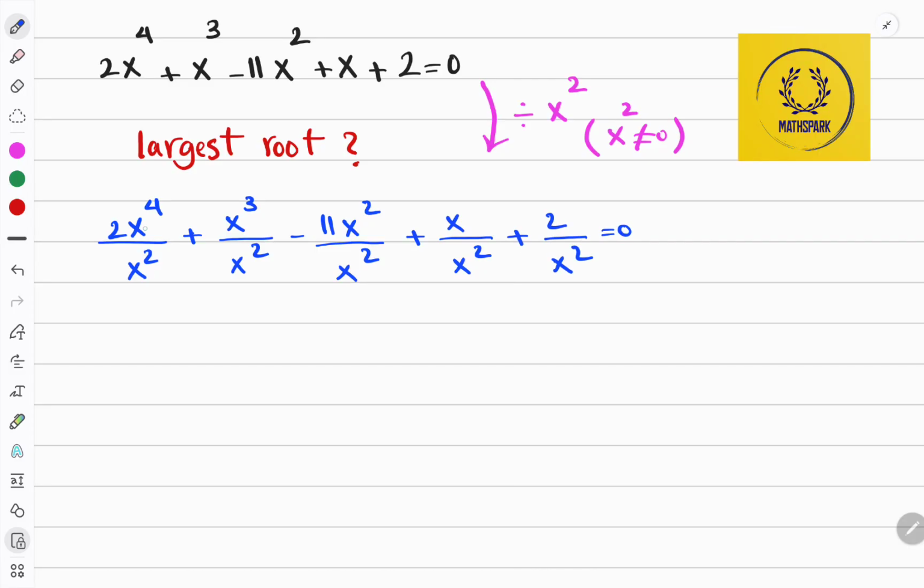Okay. x to the fourth over x squared is x squared, so we have 2x squared plus x to the power 1 minus 11 plus x over x squared is 1 over x plus 2 over x squared equal 0.